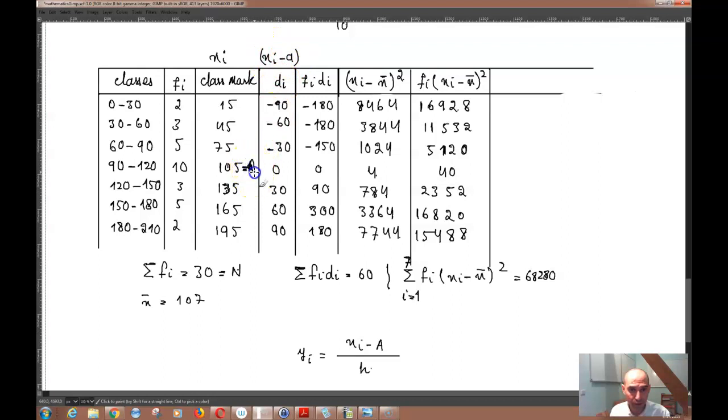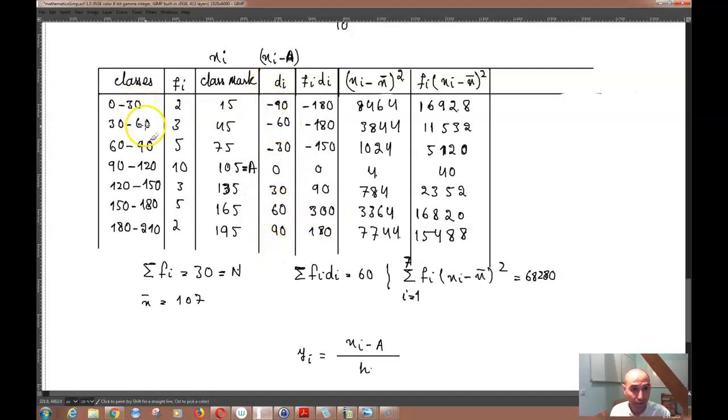So if I take this as capital A, then all of this calculation we have already done.